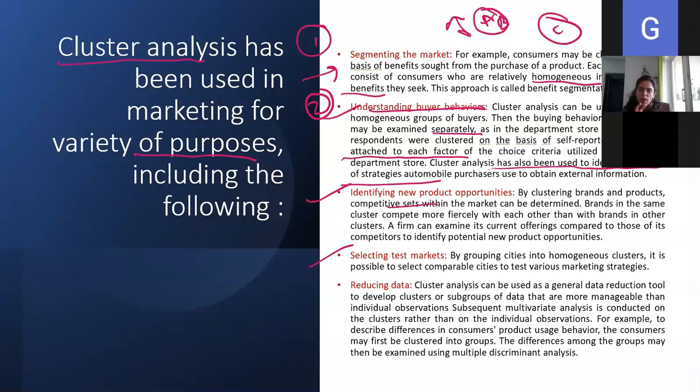So Delhi, Bangalore, Hyderabad, then other metros, they have maybe a similar consumption pattern, working, education, income, those things are comparable. So all these things, comparable groups also for test marketing purposes, you can do that also for clustering.